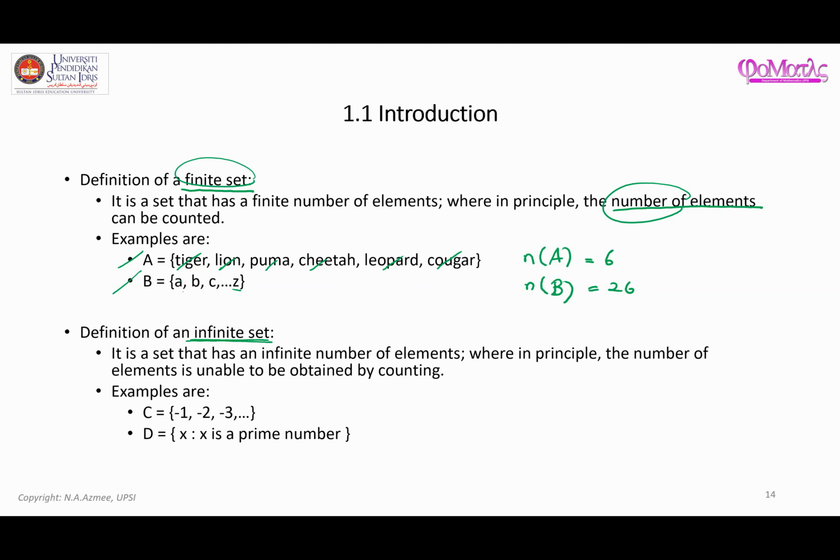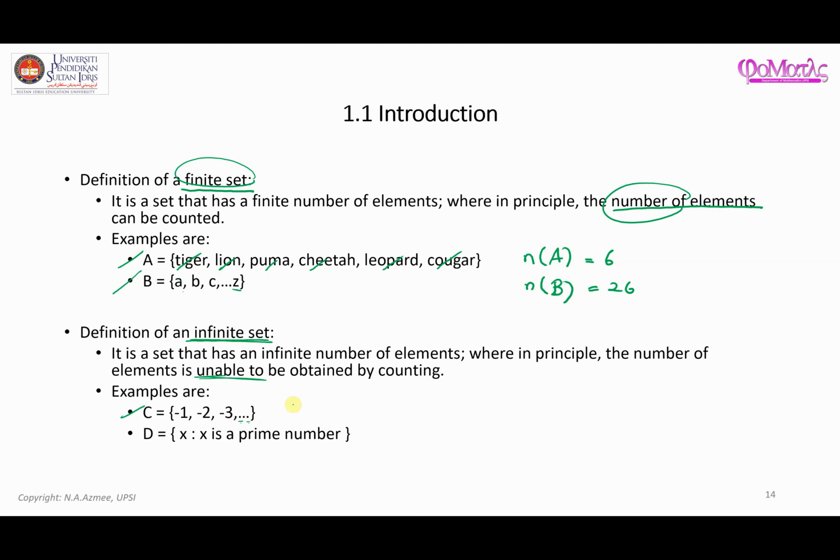So opposite to the idea of finite set, an infinite set is a situation where in principle you are unable to count the number of elements. For example, here we have set C. C is a set of negative numbers, -1, -2, -3, and here it means the pattern goes on accordingly.